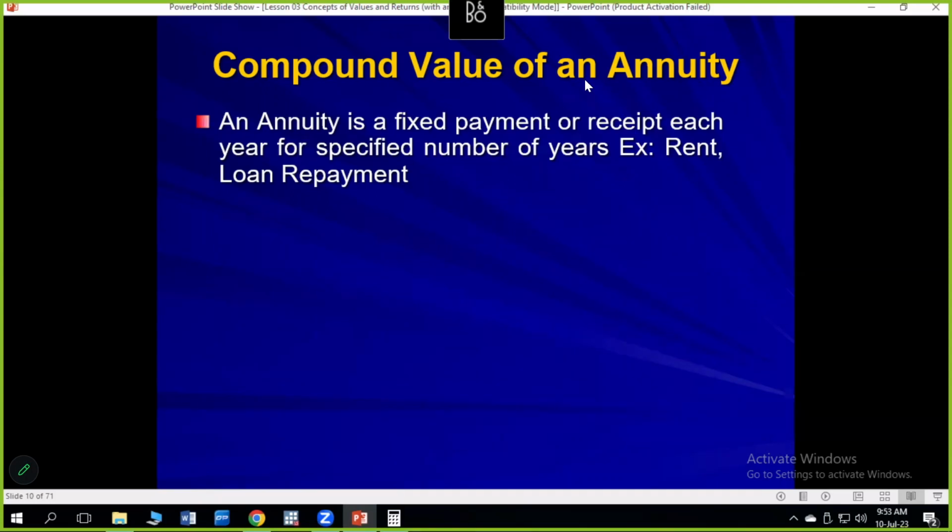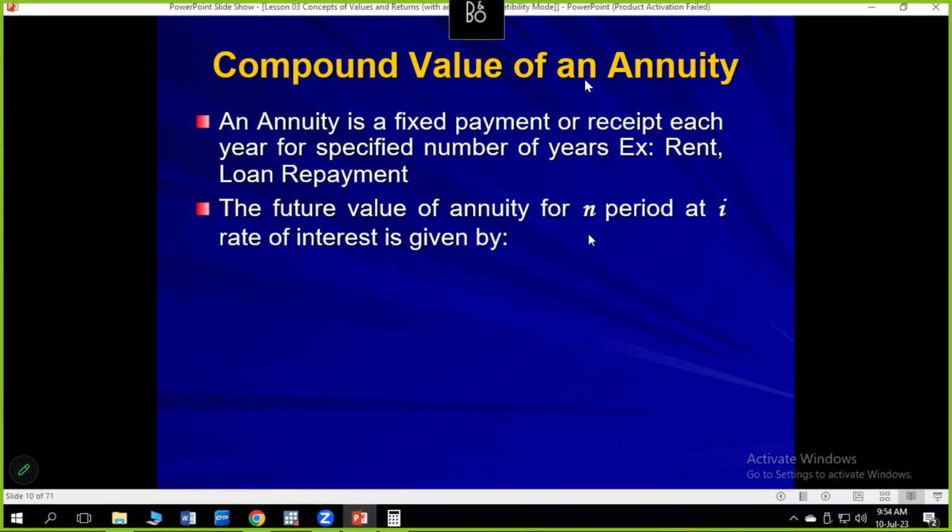That becomes an annuity to pay off your 100,000 rupees. When you compare the total, 25,000 into 5 years is 125,000, but your loan is 100,000. So 25,000 is the difference, which accounts for the interest they charge. We don't worry about that, but you want to understand the example of the annuity, the fixed payments or receipts. Don't forget that.